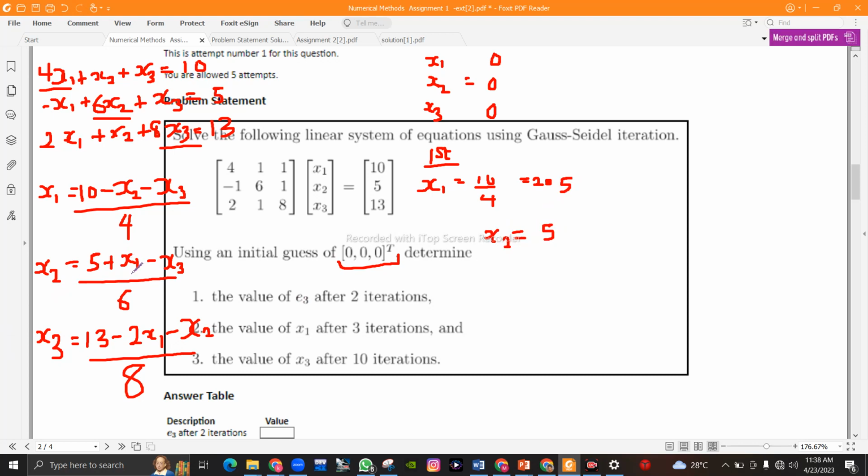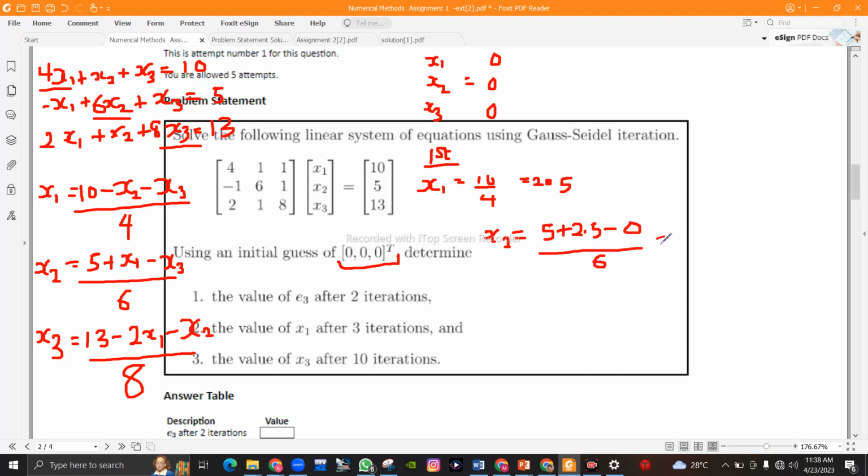Note, assuming it is Jacobi, our x1 is still 0, but this is our new x1. We won't use 0 again, and that's the difference between Jacobi and Gauss Seidel. So instead of using a 0 here, it will be plus 2.5. Then minus x3. x3 does not have a new value, still 0, so we go back to the 0 because we don't have a new value for x3. Divided by 6. So that's the difference.